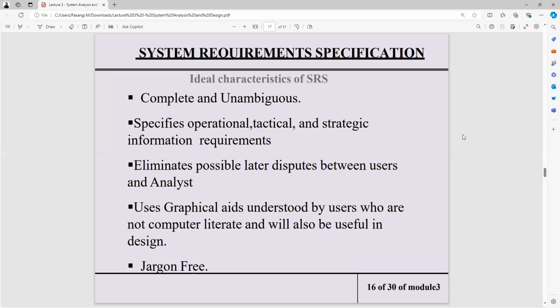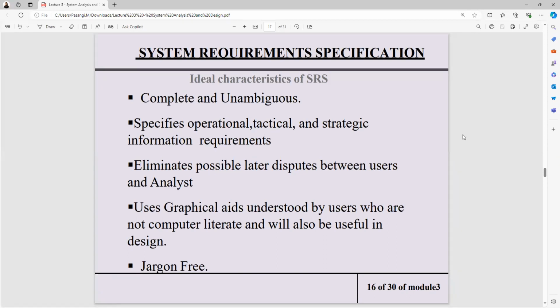We need to specify the operational information requirements, the tactical information requirements, and the strategic information requirements as well. And then we need to eliminate possible later disputes between users and the analysts. We should use graphical aids understood by users who are not computer literate, which will also be useful in design. And also we should not use computer jargon while developing an SRS document.